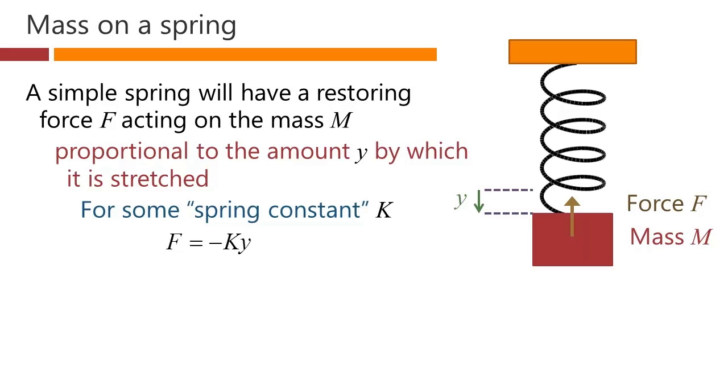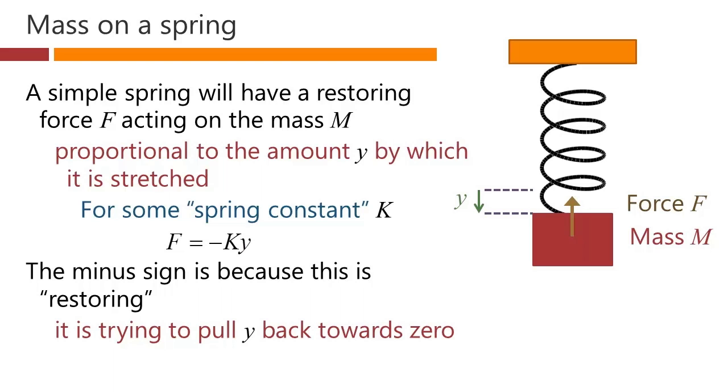And we typically refer to the amount of force we have here in terms of a spring constant of some kind, constant K, which is just telling us how much force we get as we displace by an amount y. Now, the minus sign here is very important, and it's because the force is a restoring force.